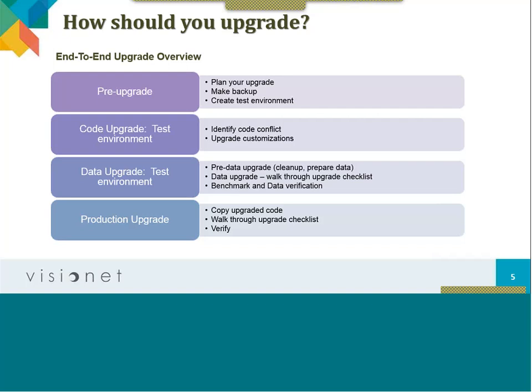Obviously, in the planning part, you need to also keep in mind that it's not just taking one system from A to B. It's also about what exactly do you want to not carry to the new system? What are the new functionalities or modules that you want to use? What are the new features that you actually want to make use of?